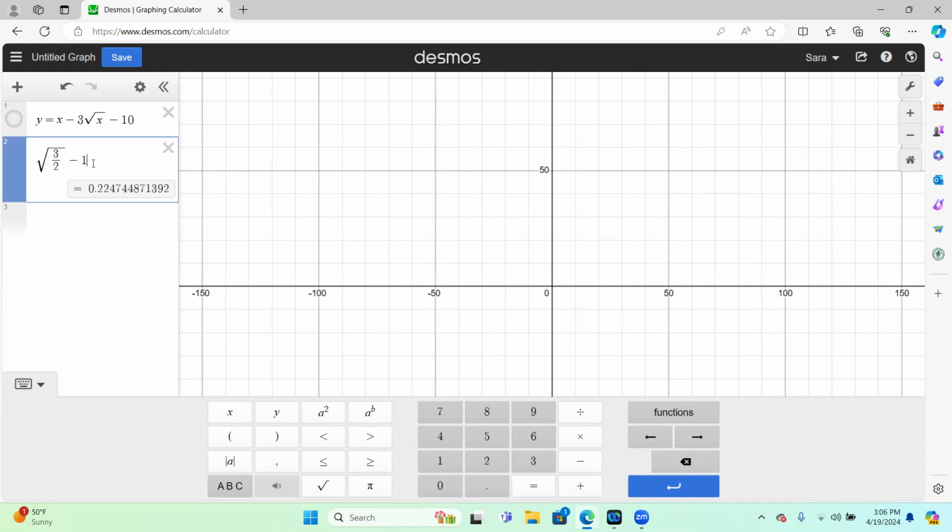And make that a negative. So one of them is at 0.22 and one is at a negative 2.22. So let's go back to the graph so we can see those on the graph.